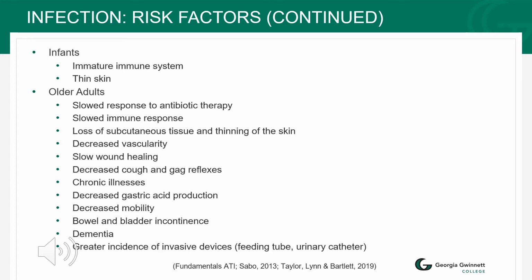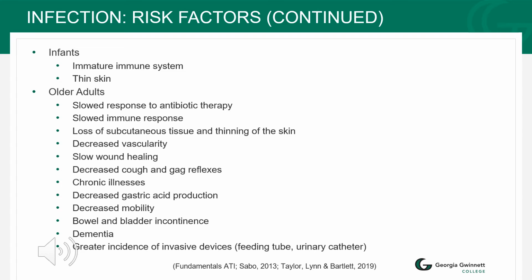The older adult also has decreased gag reflexes and decreased cough, which can then cause them to aspirate and get an infection. Typically, an older adult will have more chronic illnesses than the younger adult. This puts them at more of a risk for infection. They don't move around as much, so decreased mobility. They can have bowel and bladder incontinence, which can cause a urinary tract infection, and dementia.